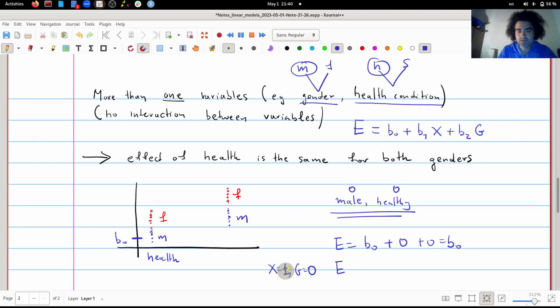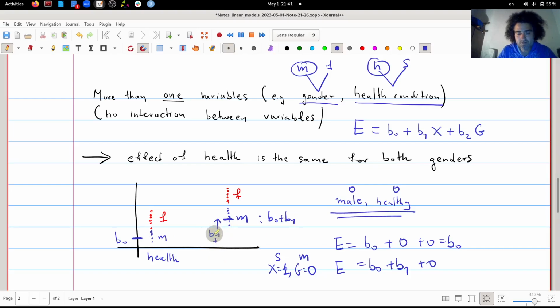So this is sick individuals, males. This will be again b0 plus b1, and this will be 0. So this level here will be b0 plus b1. And again, the difference between these two will be b0 plus b1 minus b0, it will be b1.